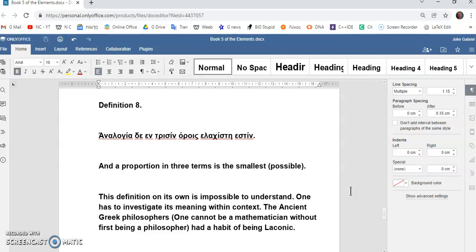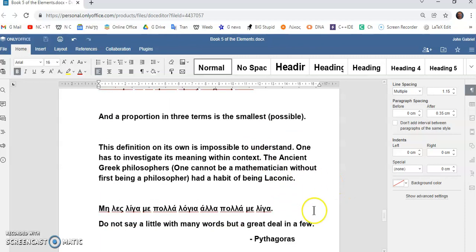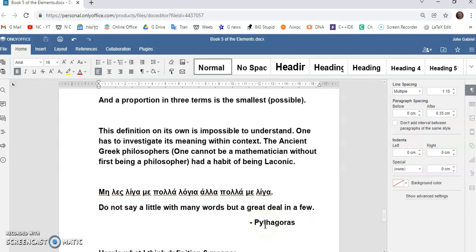So definition 8 says a proportion in three terms is the least possible proportion, or the smallest, or the minimum proportion, okay? So now this definition on its own is impossible to understand. One has to investigate its meaning within the context of the other definitions and what Euclid has been saying.